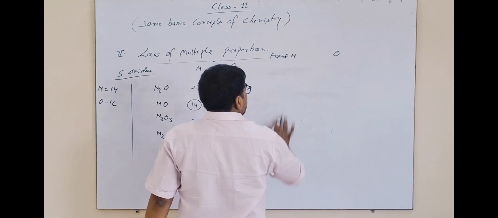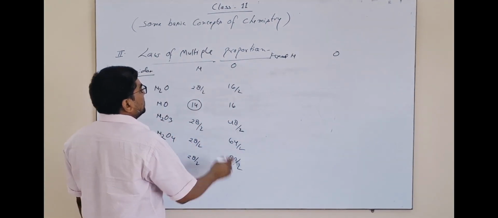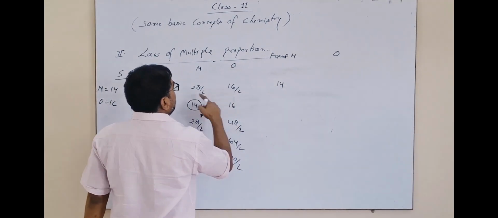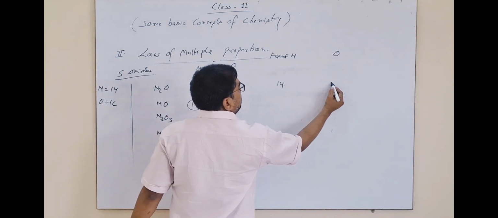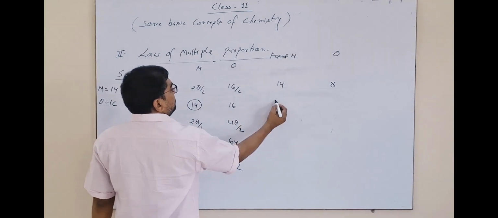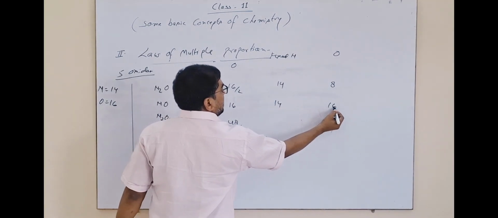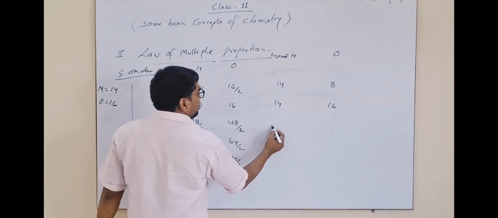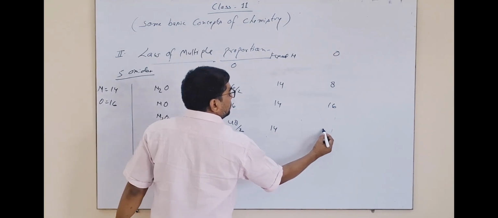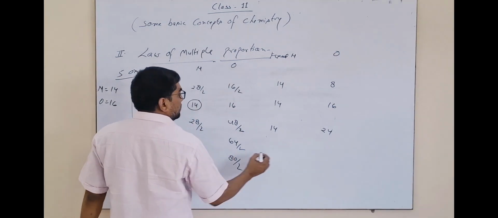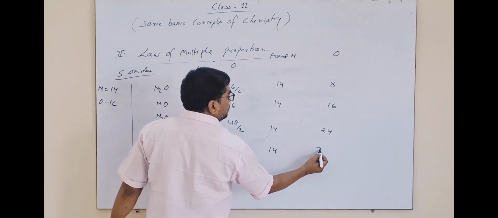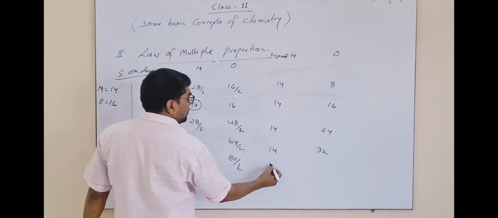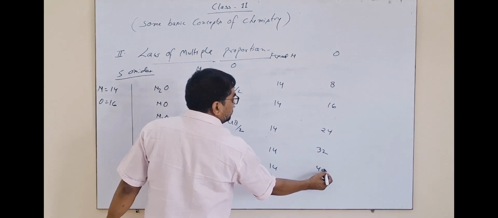Putting the value of fixed nitrogen and variable oxygen again, it will become 14 parts, so the oxygen part is 8 part. This will be 14, this will be 16 as such. It will be 14, so it will be 24. It will be 14, it will be 32. And here 14 and it will be 40.